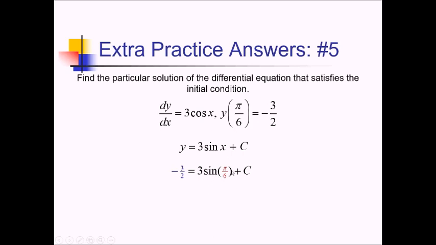What is the sine of pi over 6? Well, that's really the sine of 30 degrees, which is 1/2. So this is really 3 halves. If I subtract 3 halves over here to get c by itself, I have negative 6 over 2, which is just negative 3. So c has a value of negative 3 then. And then just plugging that back in, we have y equals 3 sine of x minus 3.